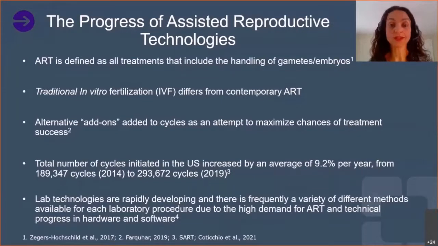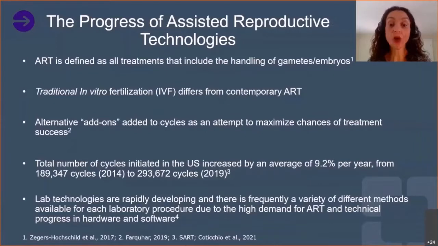Traditional IVF would usually be a controlled ovarian stimulation, followed by an oocyte retrieval, and then oocyte insemination, then probably growing the embryos to cleavage stage, perhaps day 2, day 3, and then a fresh transfer. Nowadays, most of us are doing blastocyst transfers, but we are also doing frozen embryo transfers, and there's also pre-implantation genetic testing, right? So when we look at the two, traditional and contemporary ART, things have changed.